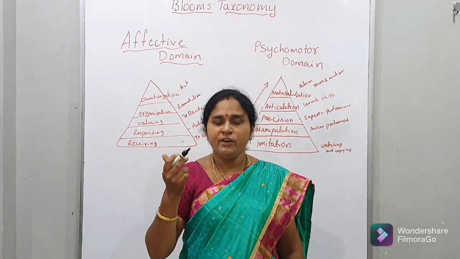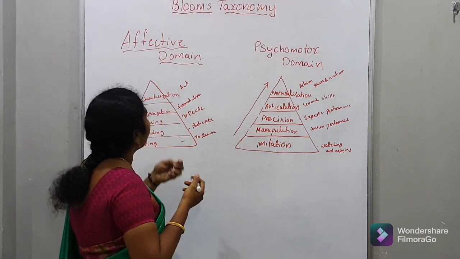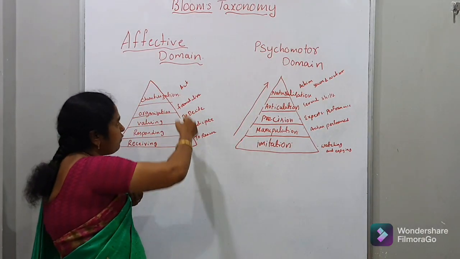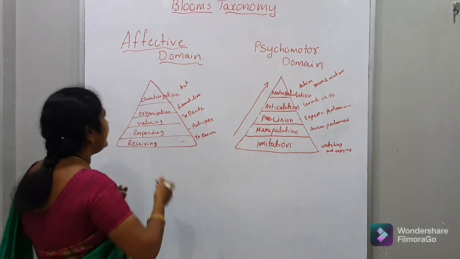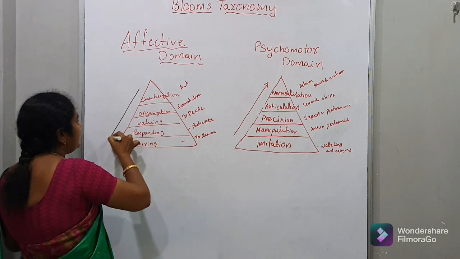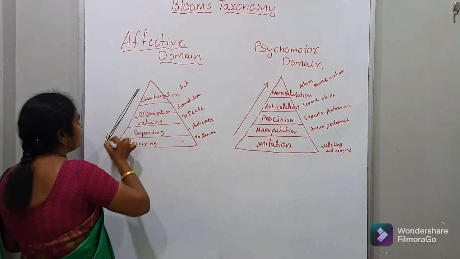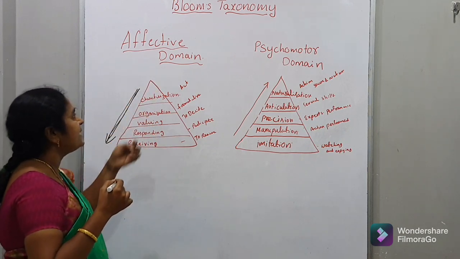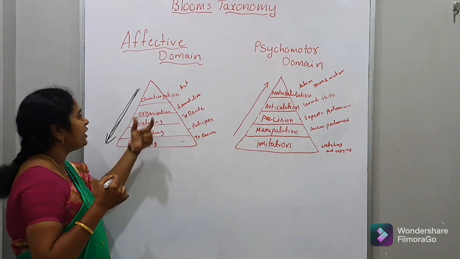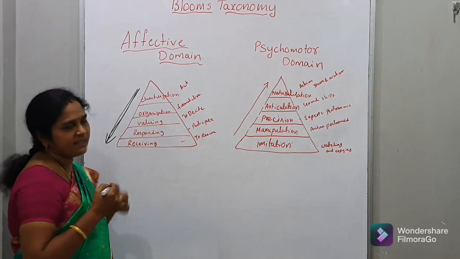First we discuss the affective domain. It also has levels in a hierarchy, from up to down. The first one is characterization, then organization, valuing, responding, receiving.